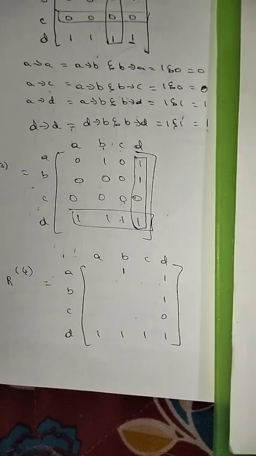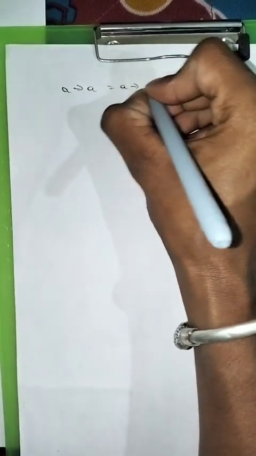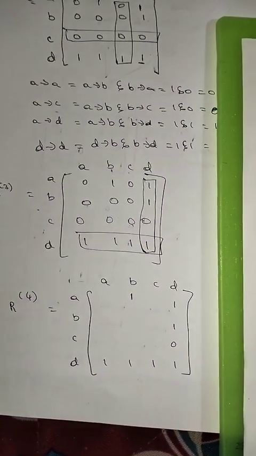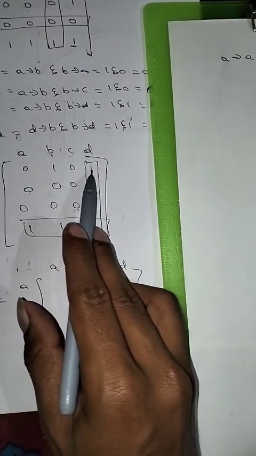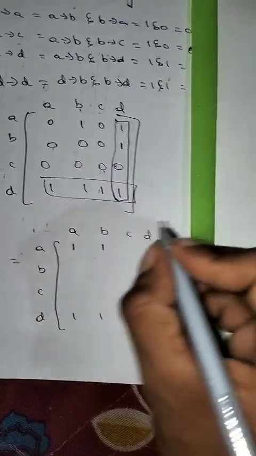That is, we are going to find A to A with respect to D, so A to A is A to D and D to A. Since A to D is 1 and D to A is also 1, we get 1 and 1 is equal to 1. So it is 1.